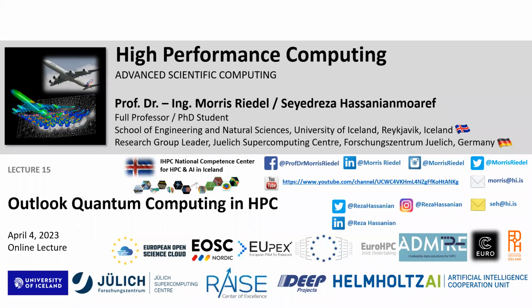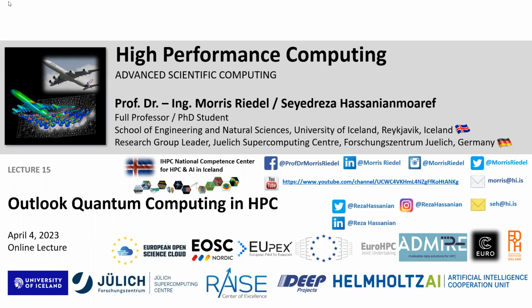Welcome back to part 2 of lecture 15, High Performance Computing, Advanced Scientific Computing course. In the first part, we talked about the history and background of quantum mechanics and how the idea of quantum computing started.